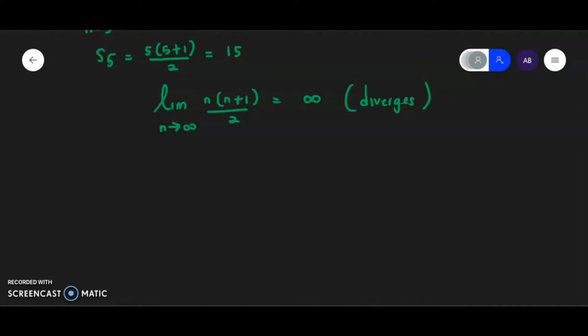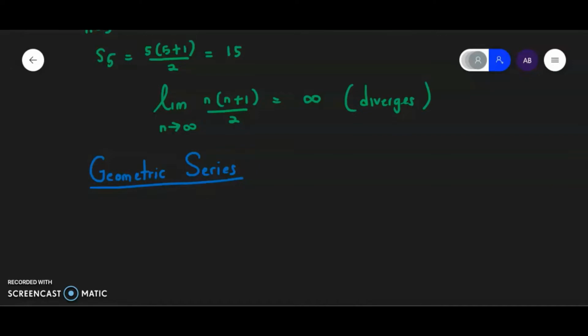Now, there is another topic that I want to look at while I can, which is called geometric series. Okay, geometric series.